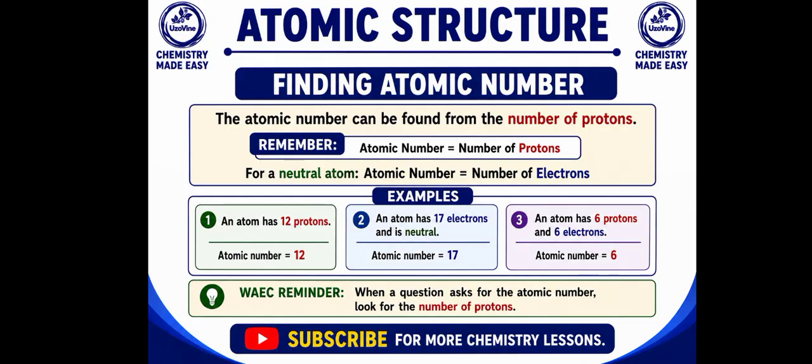Number 2, an atom has 17 electrons and is neutral. What it means is that atomic number is 17. Remember we said in a neutral atom, the number of protons equals the number of electrons. Number 3, an atom has 6 protons and 6 electrons. The atomic number is 6, looking at the number of protons, which is 6.